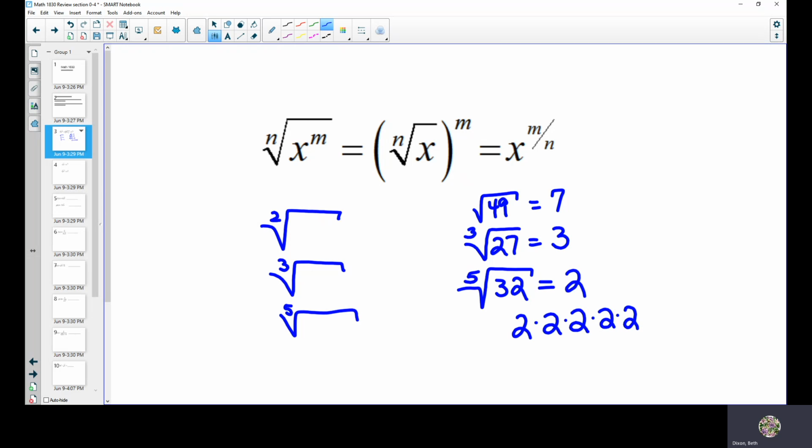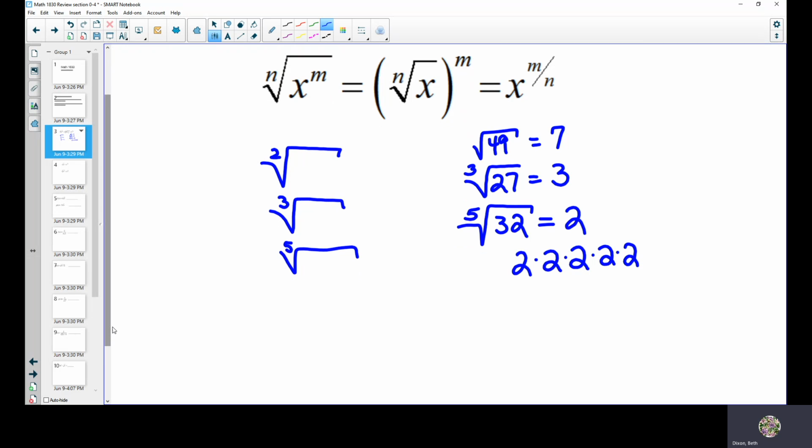So when we do this as well, we can also see now that we have a power. Well, what happens if we put a square root and then an x to the 3rd power? Well, we can rewrite that a couple of ways. You can rewrite it with the power inside, or it can be rewritten with the square root here and then that power on the outside, and those both mean the same thing.